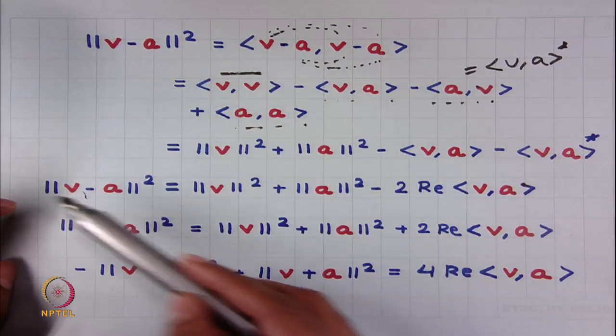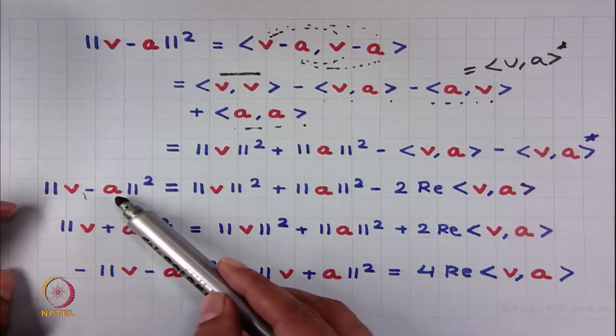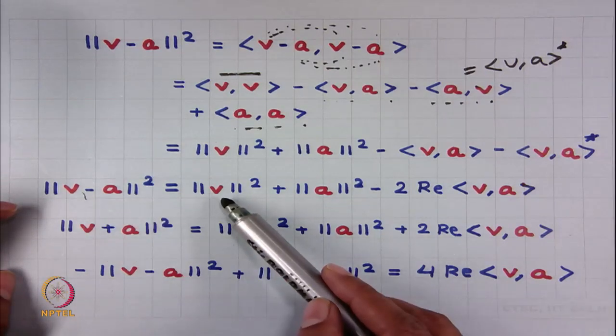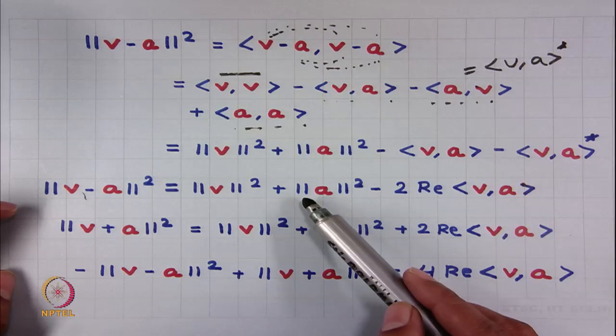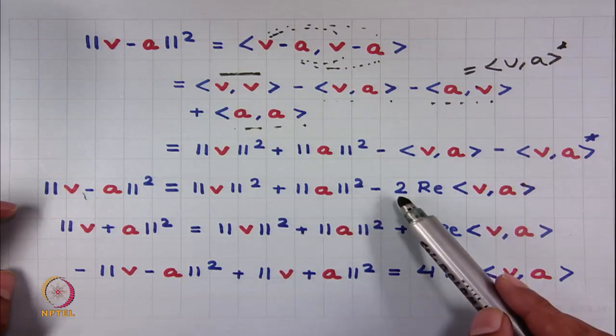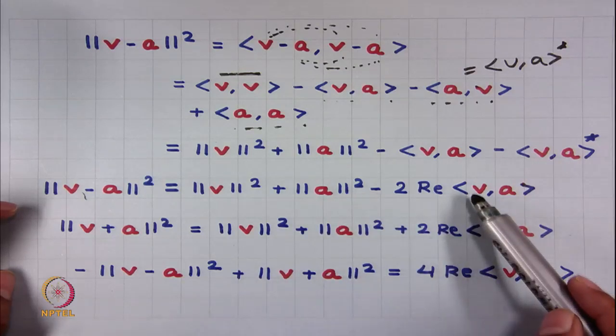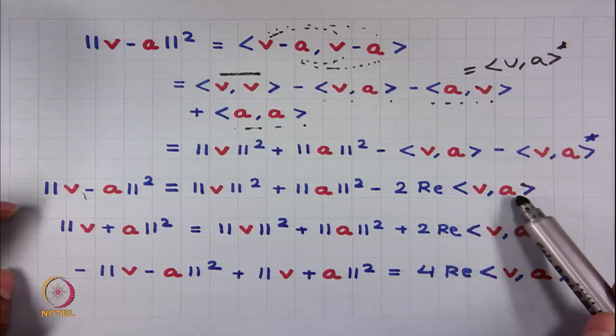So, finally, we can say that norm square of v minus a is simply norm square of v plus norm square of a minus 2 times real part of inner product of v with a.